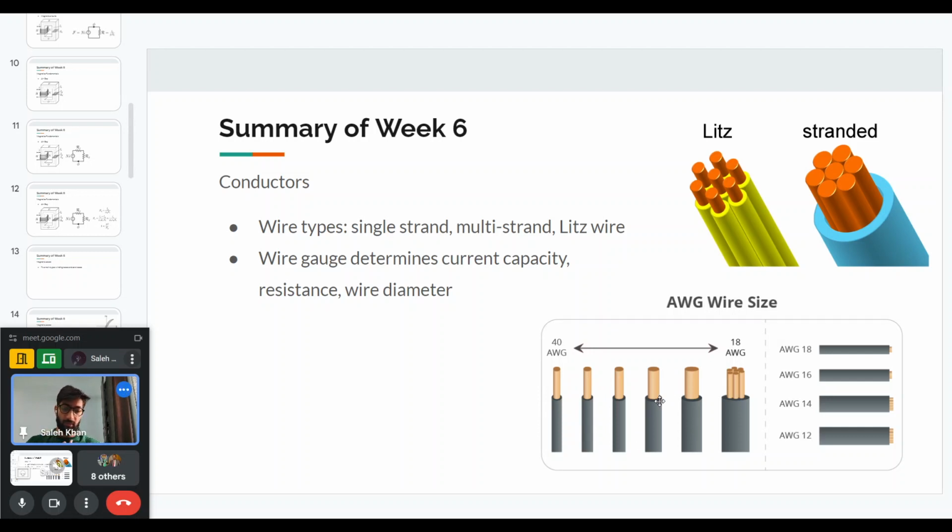We don't want to choose a very low AWG because then it will be a very large cross-sectional area of the wire, and we will only choose what is enough for the current to be sustained. For example, if we require a wire area corresponding to AWG 30, then we can choose around that value, maybe 29, 28, but we will not choose AWG 10 because it will not be suitable.